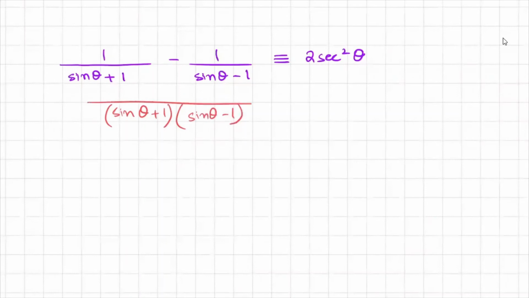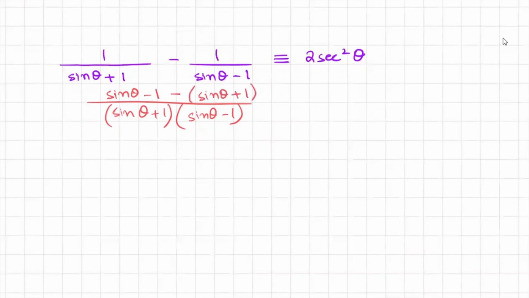And the numerator would be, so you have to multiply this by this, and then you have to multiply this by this. And luckily you have a 1 here, so 1 does not really change anything. So minus 1 minus, bracket is very important, sine theta plus 1.